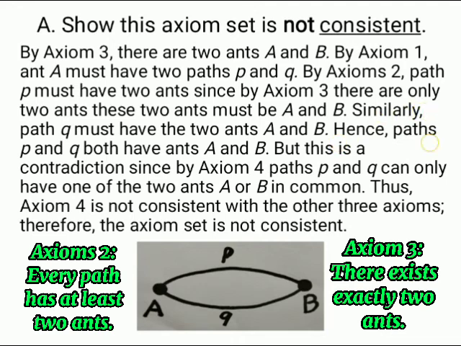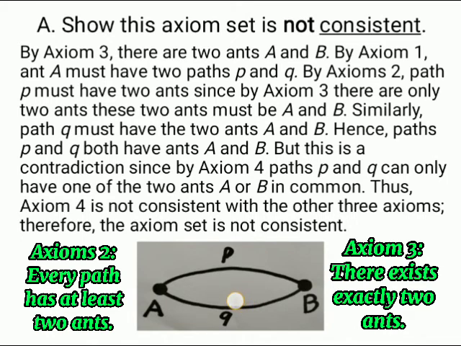So, next, similarly, path Q must have the two ants A and B ulit. Yun din yung gagamitin nating ants. Kasi nga sabi nga dun sa axiom 3, exactly two ants lang dapat.